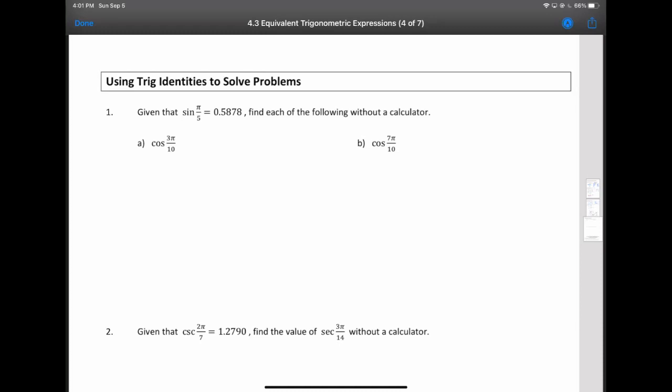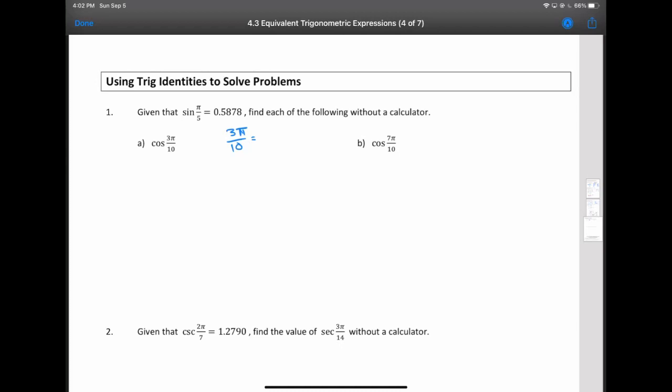Okay, so here's what we're going to do. I'm going to look at this and think 3 pi over 10. I'm just going to do a little aside here. Is 3 pi over 10 equal to pi over 2? The only ones we know so far are pi over 2 plus an angle or pi over 2 minus an angle.